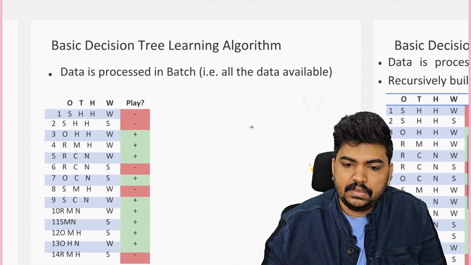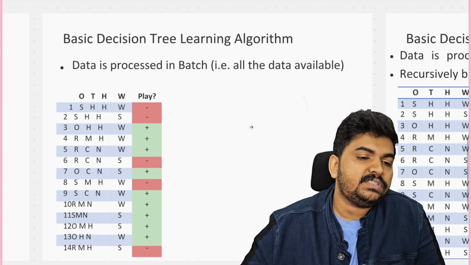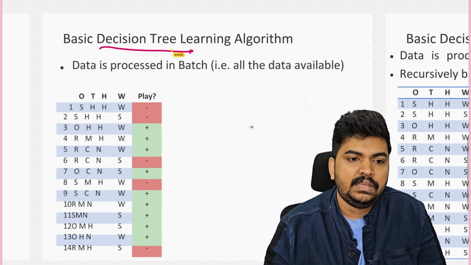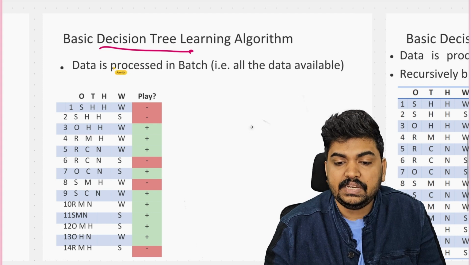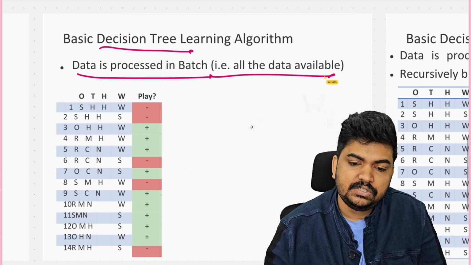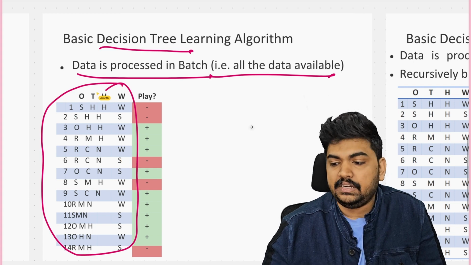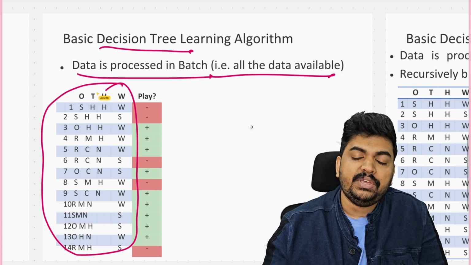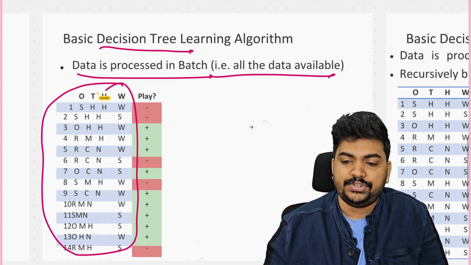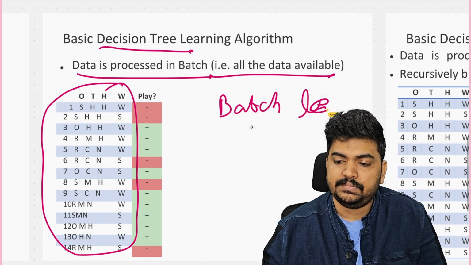This is a good time to discuss batch processing versus online processing. A decision tree assumes that the data comes in a batch prior to the learning. So we have access to a batch of data before the learning process can begin. This is an assumption we have for a learning algorithm like a decision tree, so we call them batch learning algorithms.